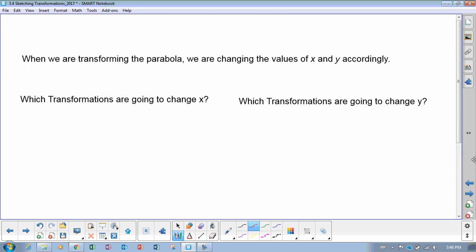Now we're going to talk about what is changing. So when we're transforming, what are we changing, the values of x and y accordingly? So which ones are going to change the x? There's only one change to the x. So this is a shift left or right. If we're talking about the y, there can be a reflection.